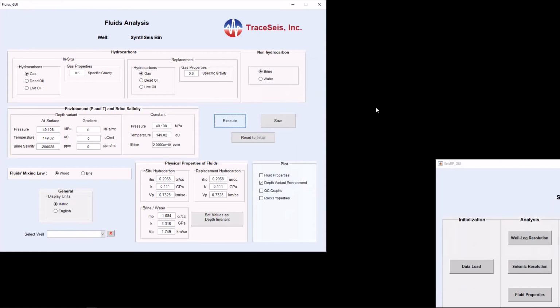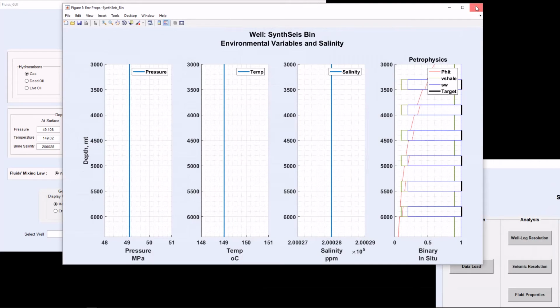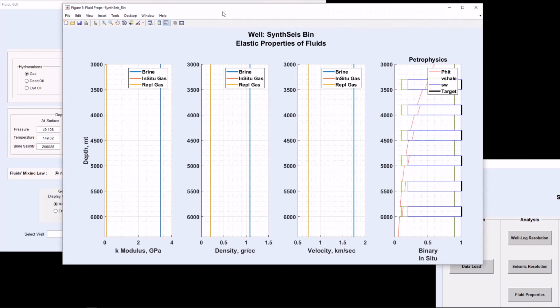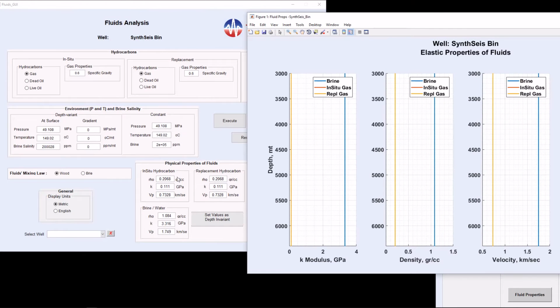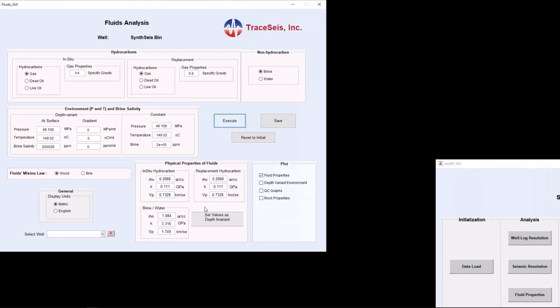When we do this, we can go back and display the depth variant environment. This is now a constant, and also the fluid properties will be the constant tabulated in the physical properties of fluids table. We also mentioned that we can type in the values.